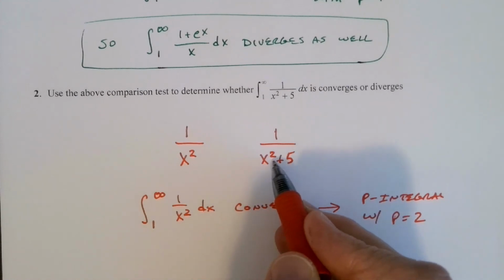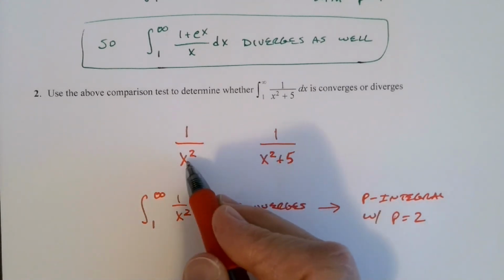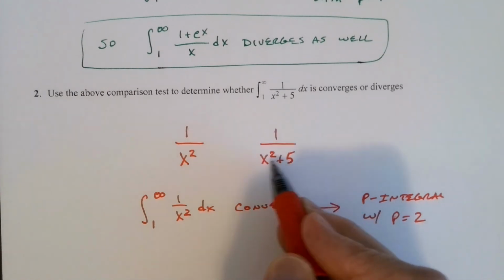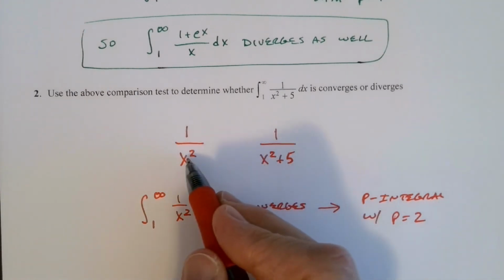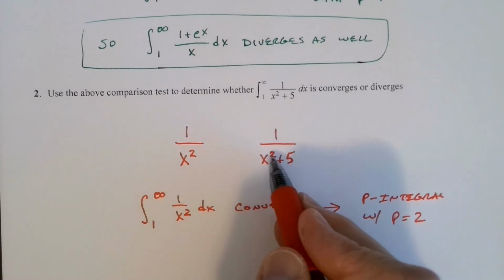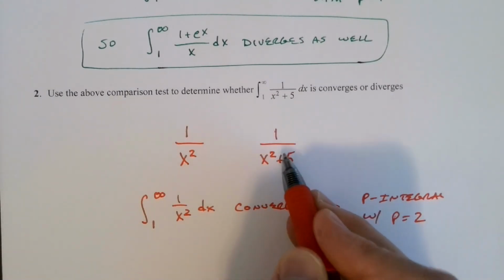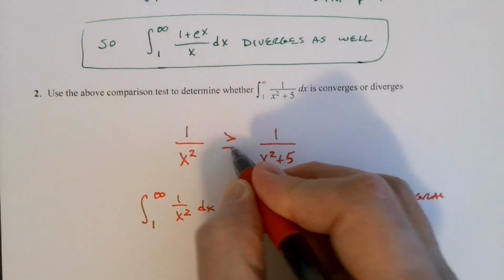So if this denominator is more than this one, then this fraction is smaller than that one. If I'm always dividing by a bigger number, this ratio is always smaller. So we have this direction of inequality.